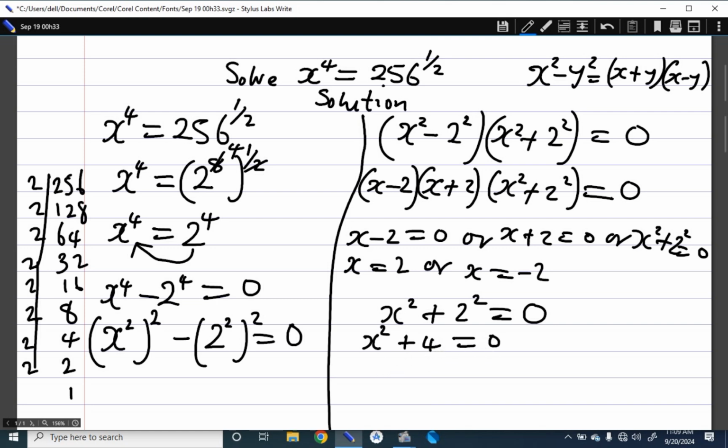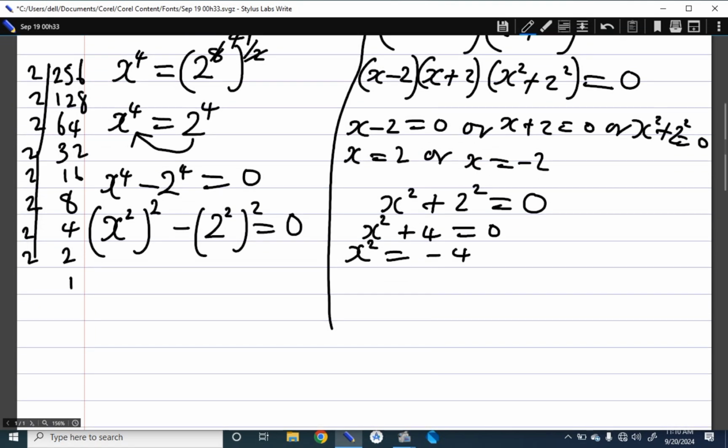Then we can now have that the 4 can cross to the other side, to have that x squared is equal to minus 4. So when square crosses to the other side it becomes square root, so x will now be equal to the square root of minus 4, plus or minus.